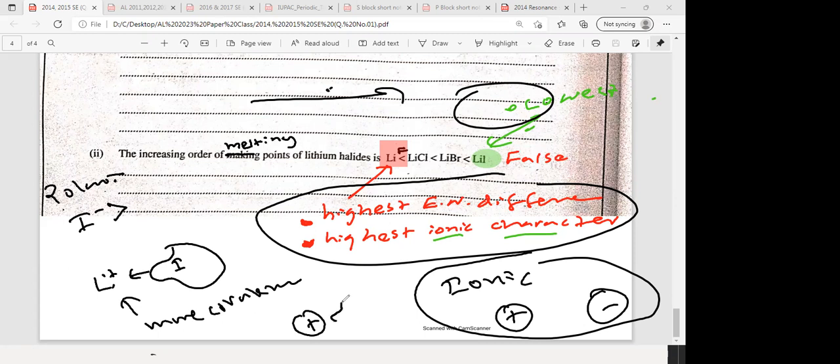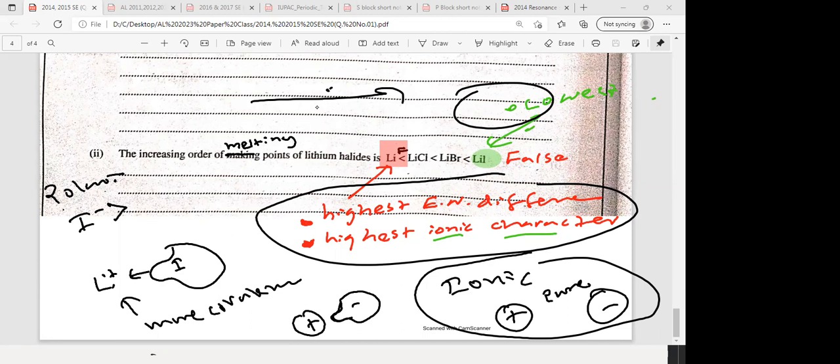Then it has some covalent properties also, like this here. This is pure ionic, but it has some covalent character also because of the pulling of the electron cloud of the anion by the cation. So that is called the polarizing power of the cation. For the anion we call it polarizability, for the cation we call it polarizing power.